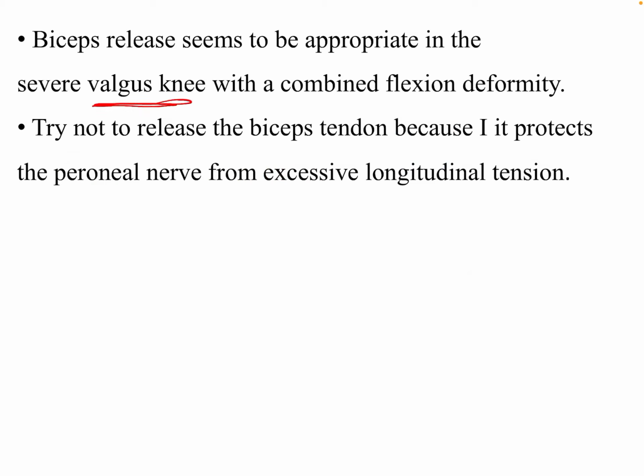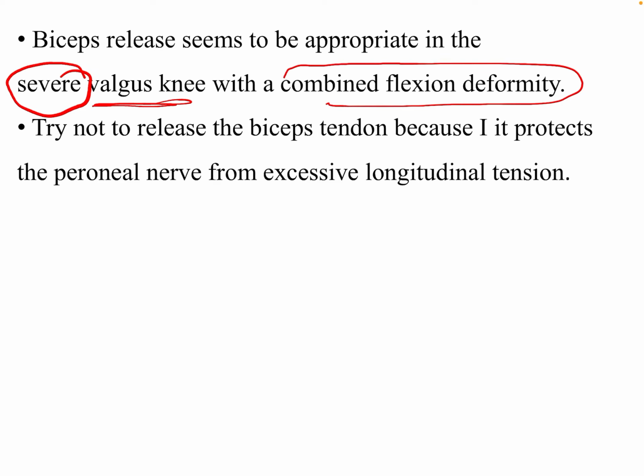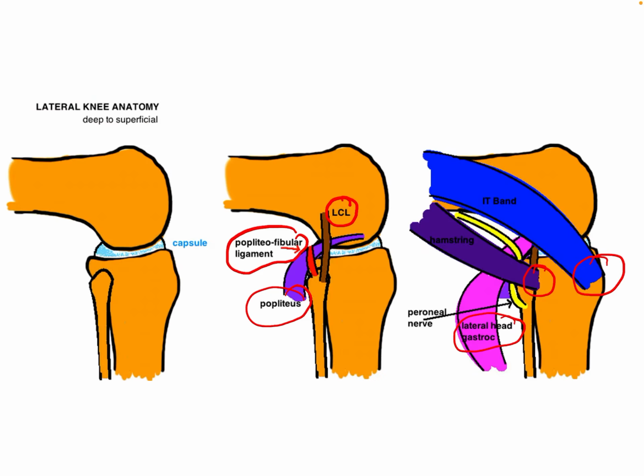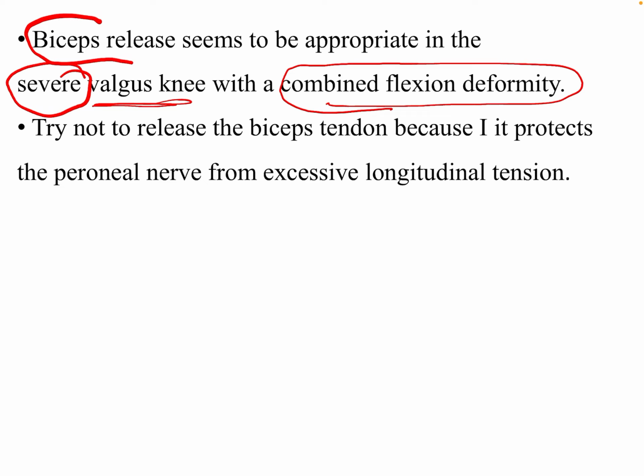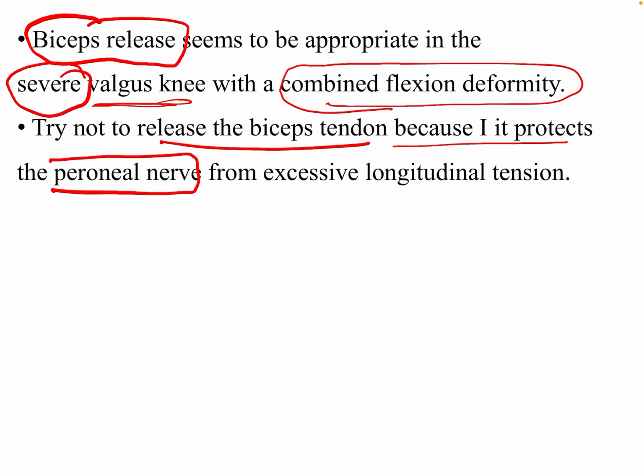Now if the valgus deformity is very severe, it is associated with a flexion deformity. In those cases we can go for the biceps femoris release, but it is very dangerous because the peroneal nerve is lying in the same region and is under excessive longitudinal tension.